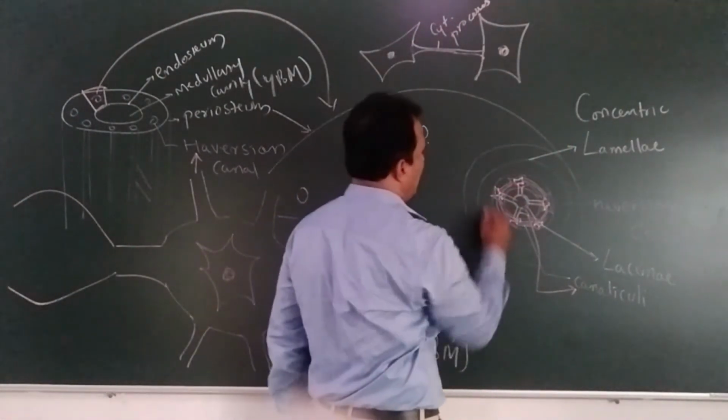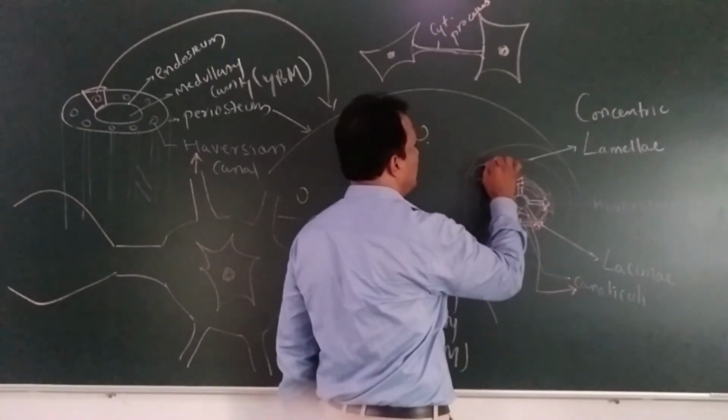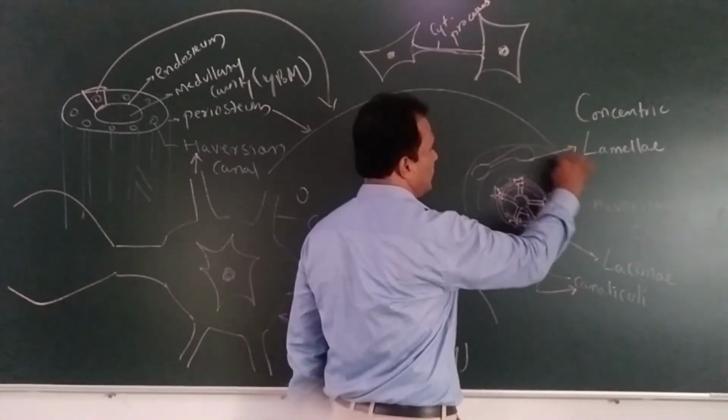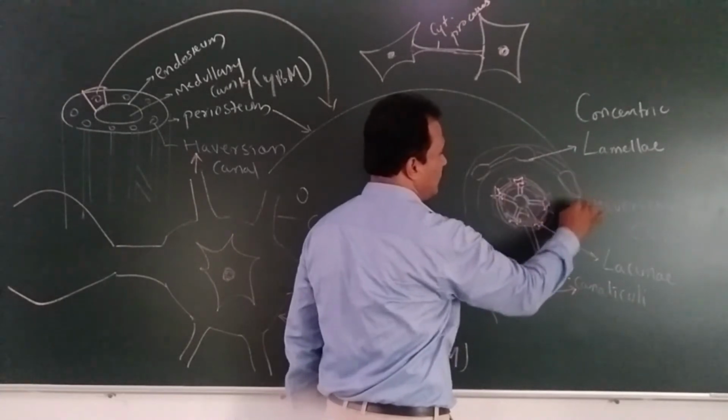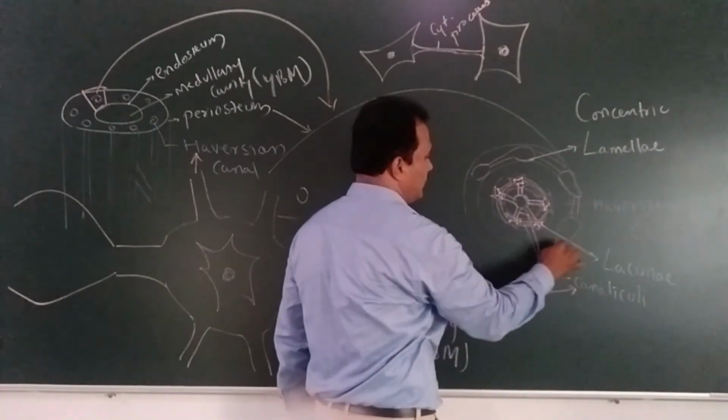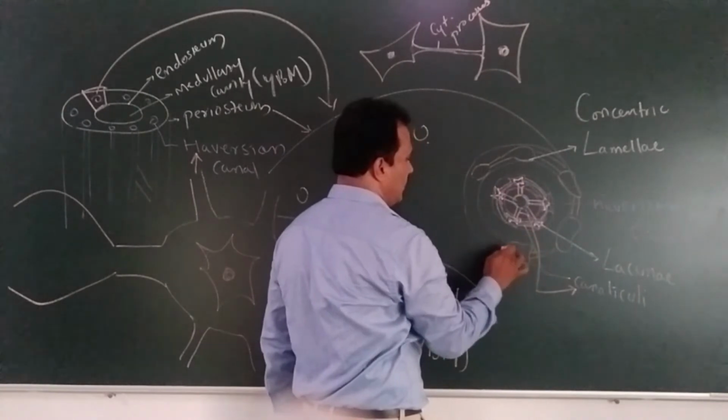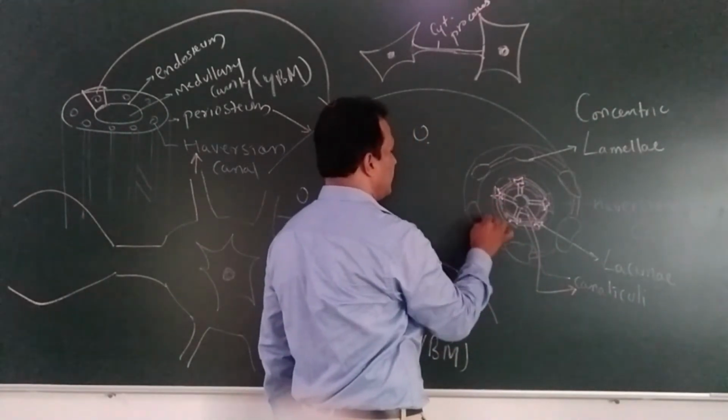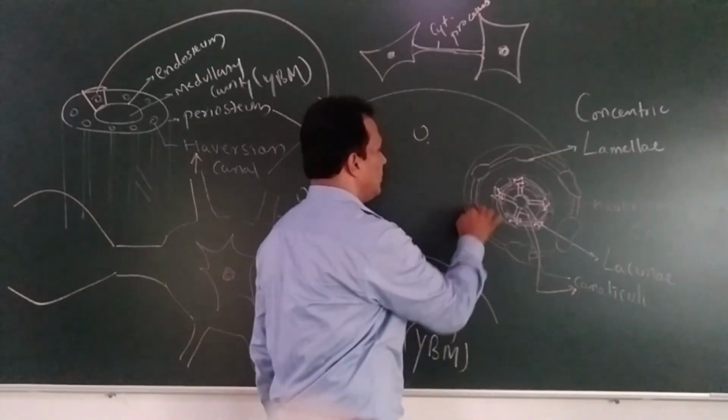Similarly, you will find at this point some irregular spaces, and these are canaliculi.